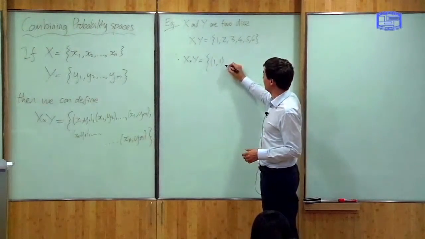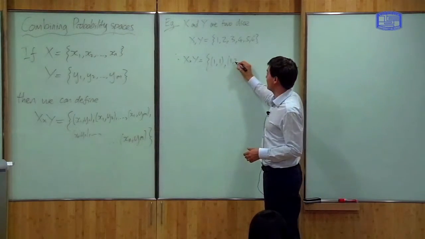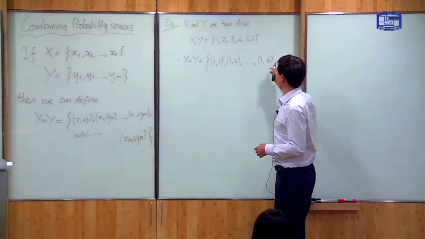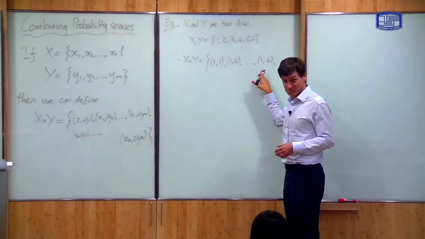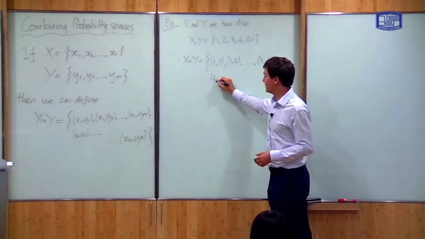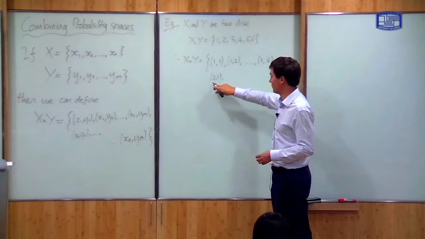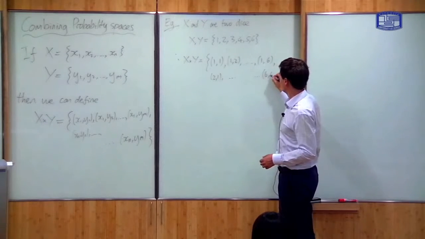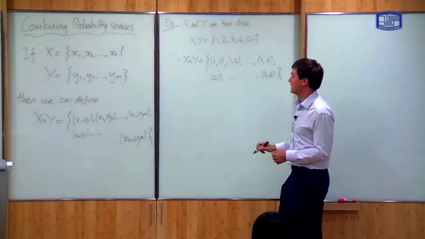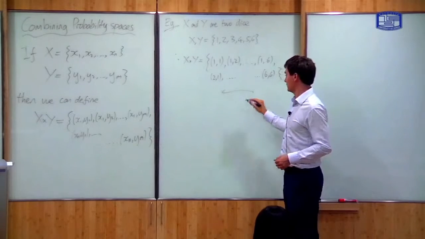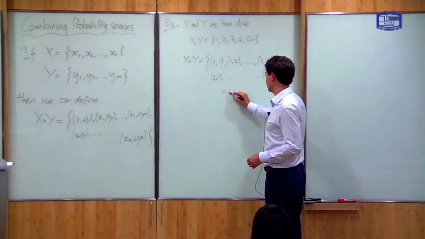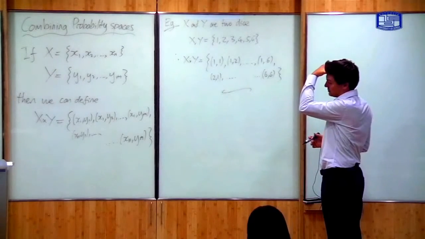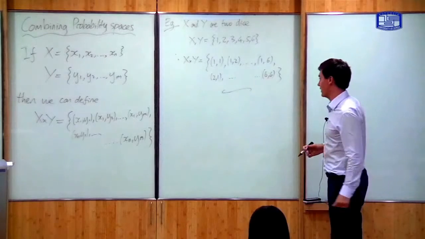That's one possible outcome. Or the first dice can be 1 and the second dice can be 2. Or the first dice can be 1 and the second dice can be 6. And the first dice can be 2 and the second dice can be 1. And you go all the way up to the case where both dice roll a 6. So we can combine probabilities of events like this.